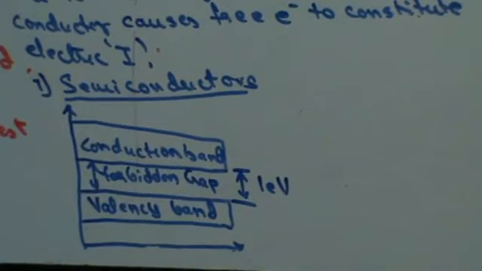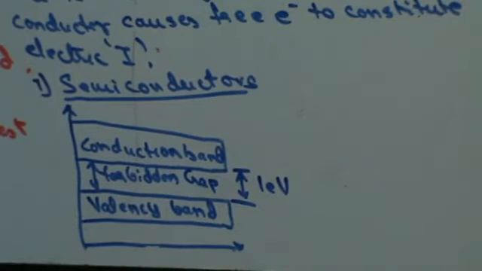When the temperature increases, some of the covalent bonds break due to the thermal energy supplied. This sets free the electrons which were engaged in the formation of these bonds. The thermal energy which is capable of breaking the covalent bond gives sufficient energy to the electron so that it can jump from the valency band to the conduction band.